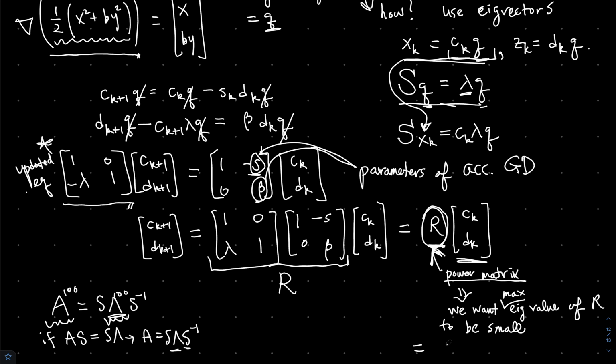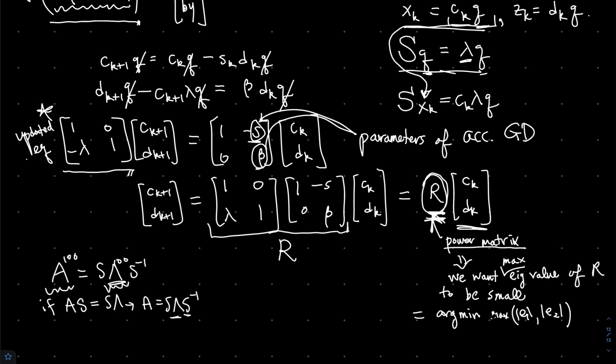So we want to find the argument values that minimize the maximum of the two eigenvalues among E1 and E2 of the matrix R. And we want to determine the argument values for step size S and memory coefficient beta.